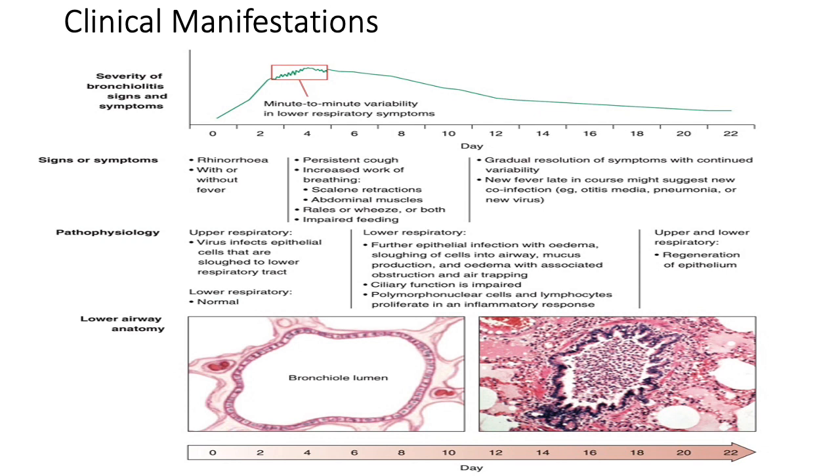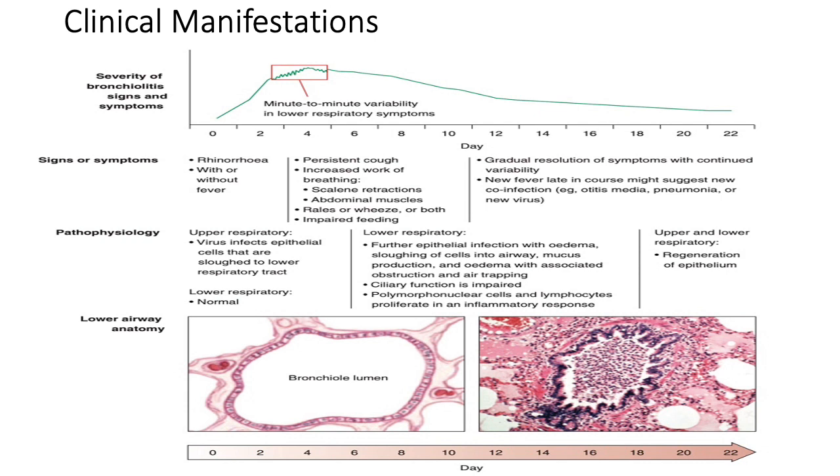The disease often starts with a prodrome of upper respiratory tract infection, which is characterized by rhinorrhea with or without fever. A history of upper respiratory tract infection in a household contact is common, which acts as a source for the affected infant.